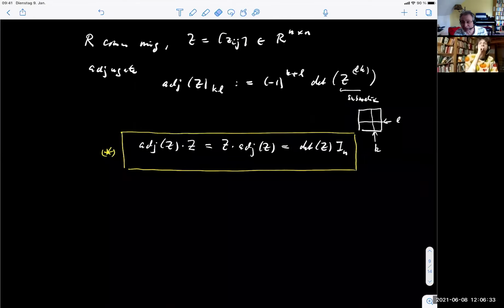And moreover, it even makes sense over any commutative ring, and it always holds, which I showed.